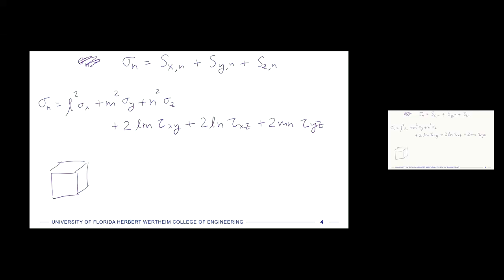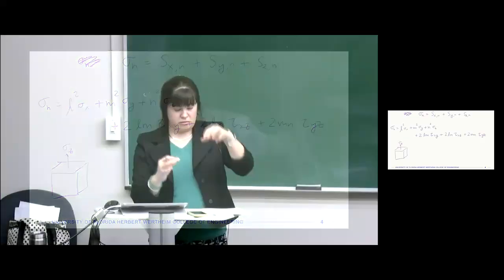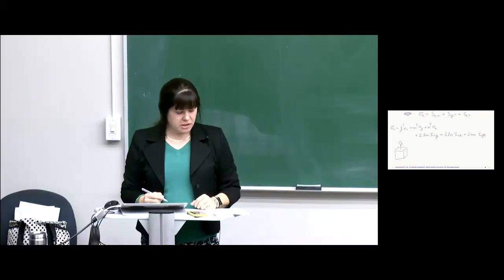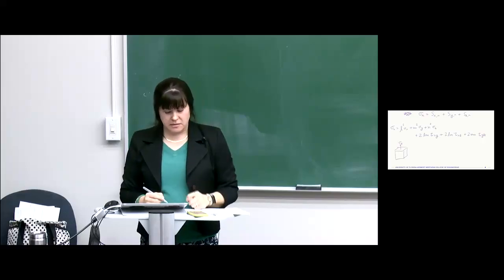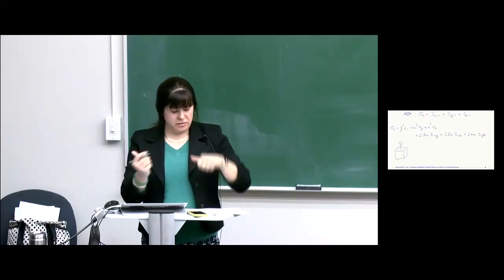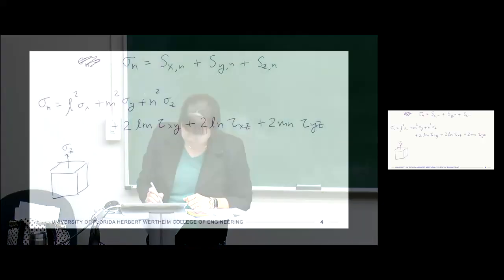Okay. Well, what if we took all of the components that we had, right? Sigma x, sigma y, sigma z, all the tau xy's, and all that, and then we wanted to know to what extent we needed to rotate the cube, or what angles we needed to rotate the cube, such that we could maximize the sigmas on those planes, right?